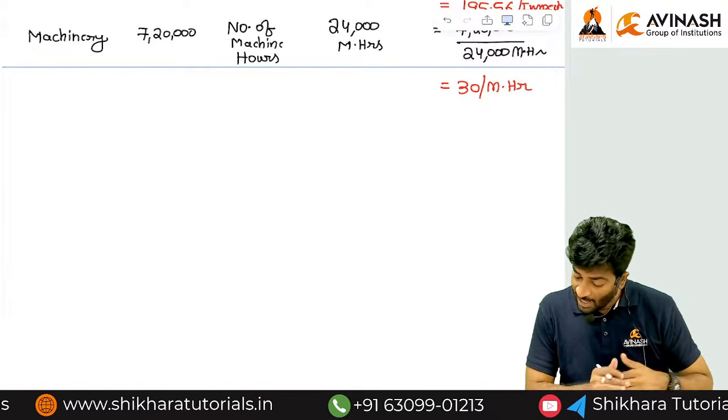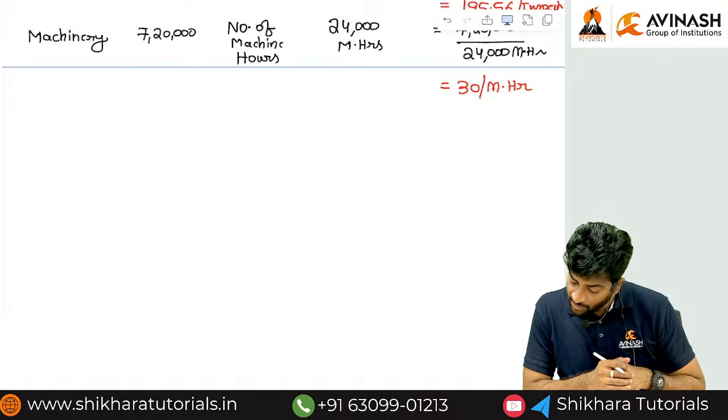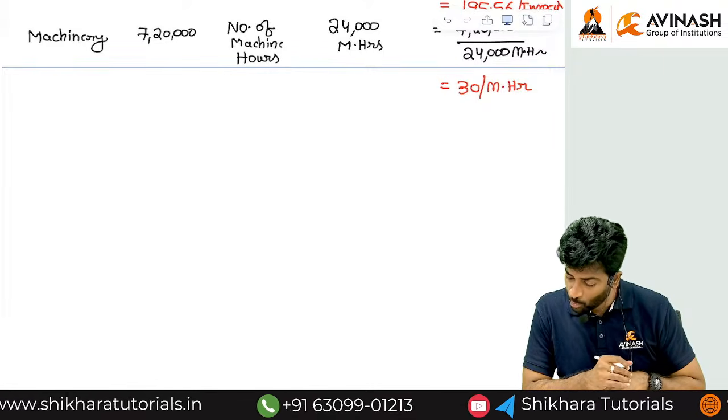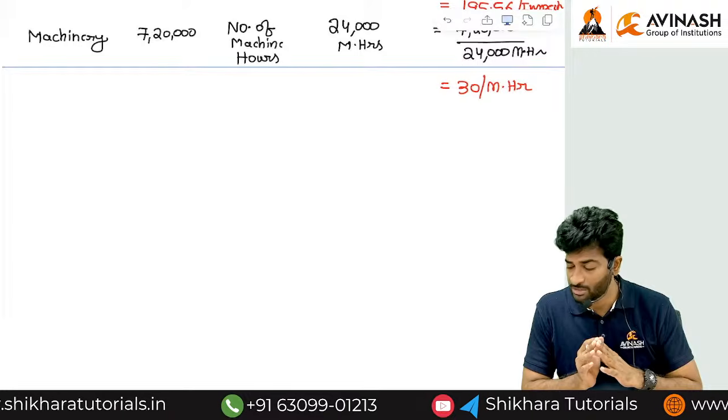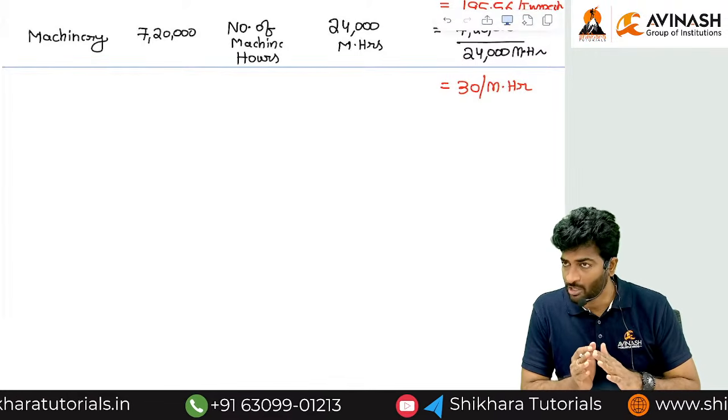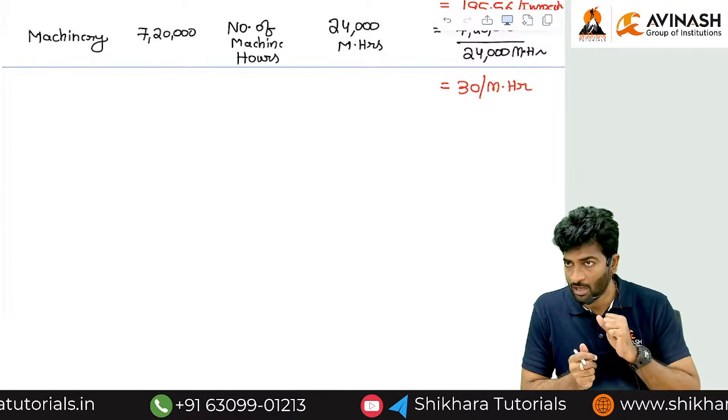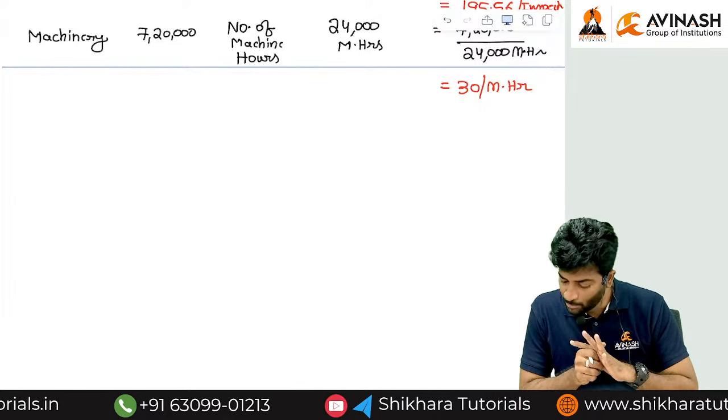Okay. After ABC rate, calculate cost driver rates that are used for tracing appropriate amount of overhead. Because we know under ABC system, using ABC rate, we are going to allocate the overhead on an appropriate basis.